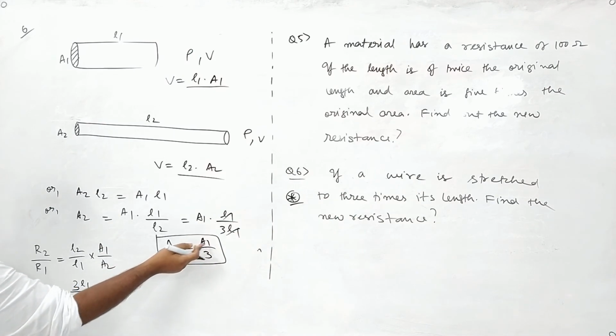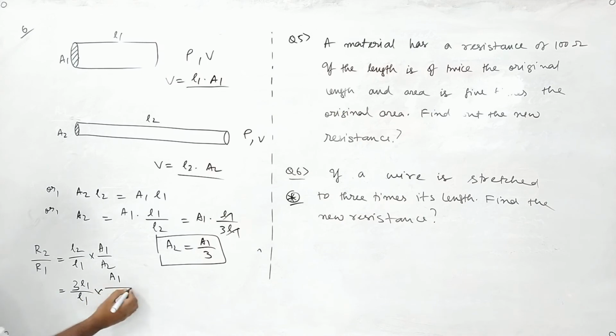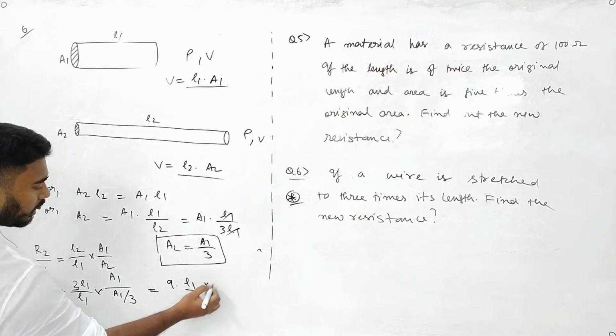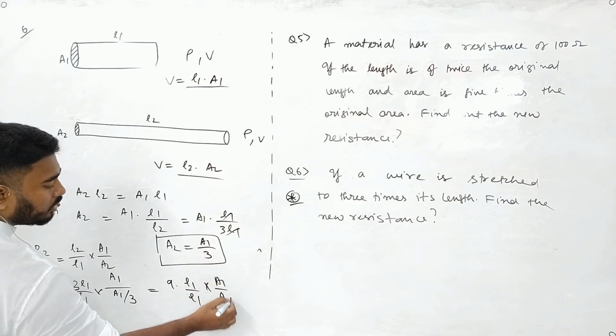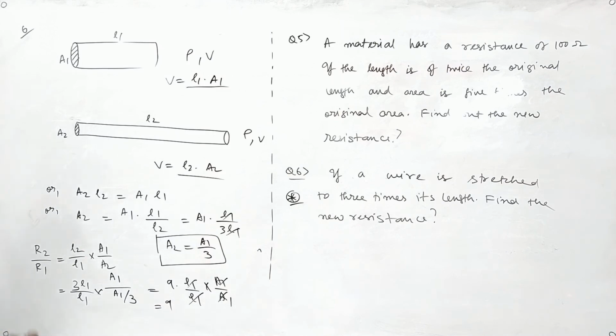Now if A2 equals A1 by 3, then A1 by A1 by 3 gives 3, so 3 times 3 is 9, with L1 by L1 and A1 by A1 cancelling. So this will be 9.